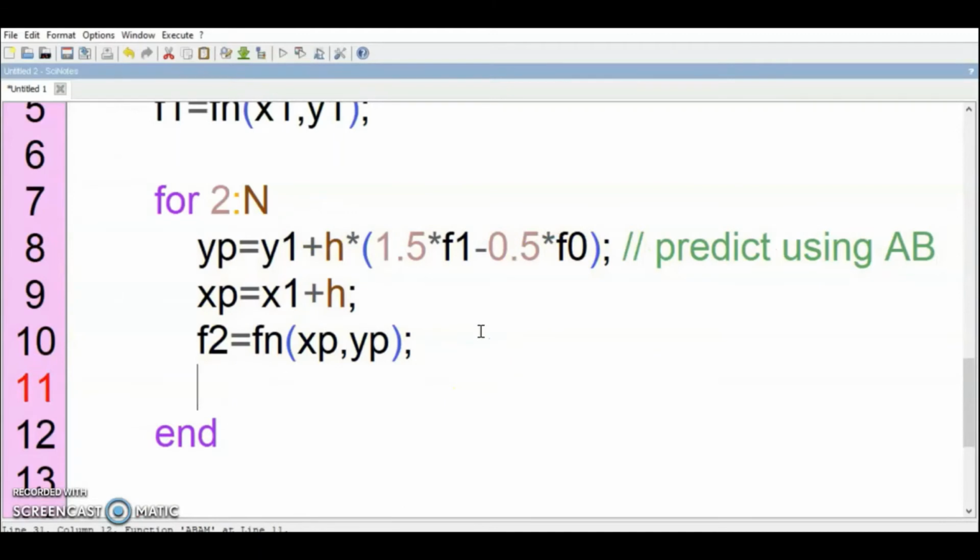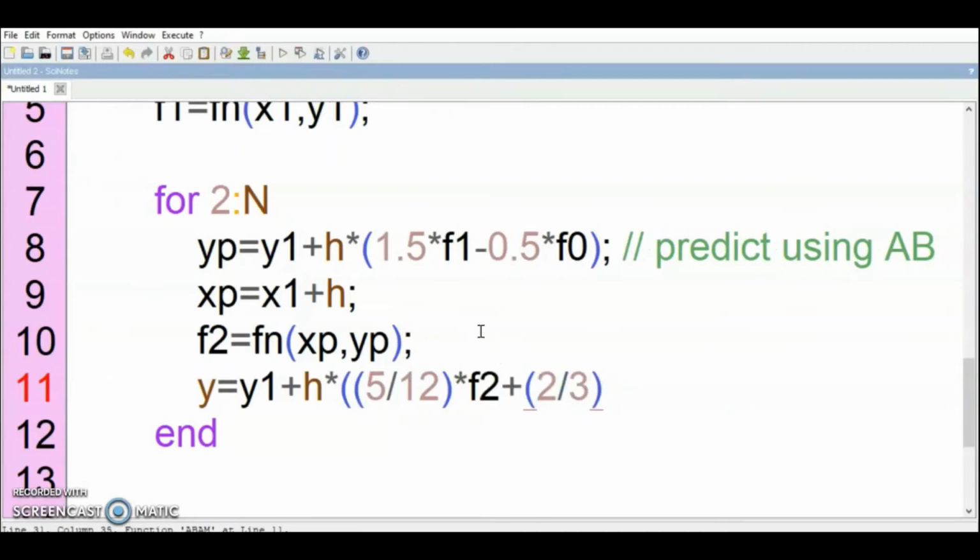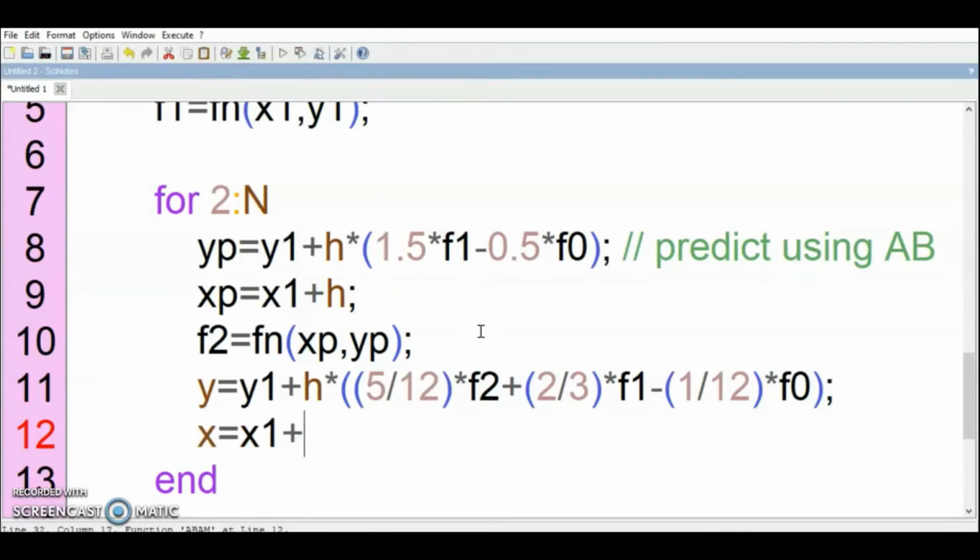Therefore, what is my Adam Moulton method? y equals y1 plus h multiplied by 5 over 12 times f2 plus 2 over 3 times f1 minus 1 over 12 times f naught. Now update my x, where my x is x1 plus h.